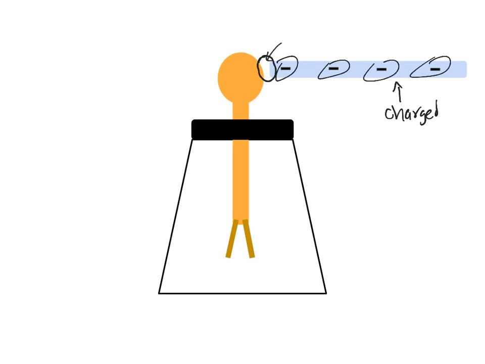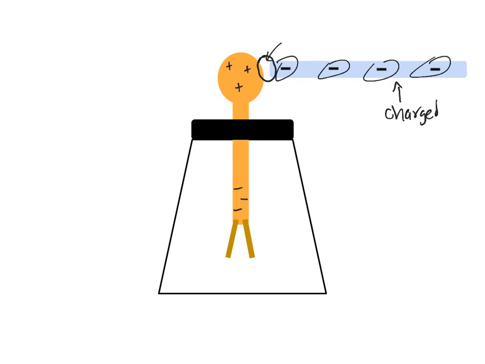And when our negative charge is moved close to our electroscope, the electrons in my electroscope, so in that brass rod and knob, are going to move away from that rod. So I'm going to have some charges that are going to move to the bottom of my electroscope. And then that's going to leave my knob positively charged.